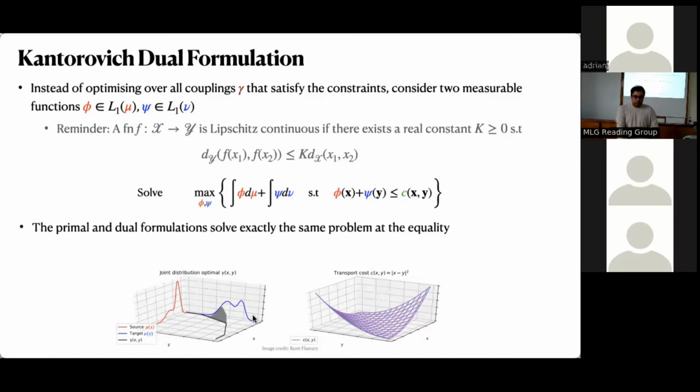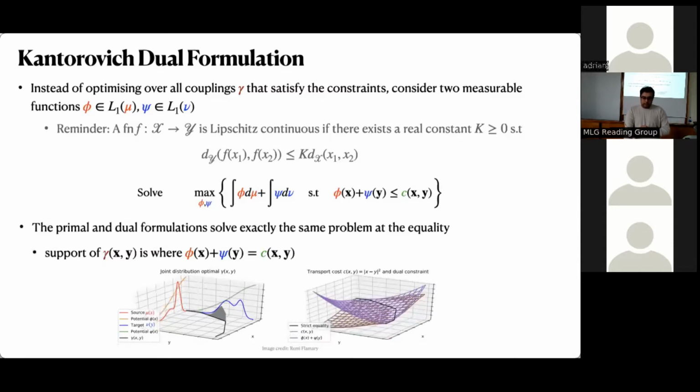On the flip side, what you could do is define two continuous functions phi, which is in the orange here, and psi, which is in the green here, such that the sum of these two functions at any given point is this brown curve here, and it's always upper bounded by the cost function, which is this curve in purple over here.